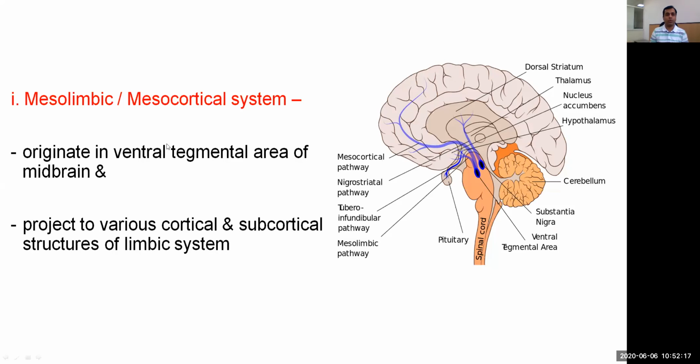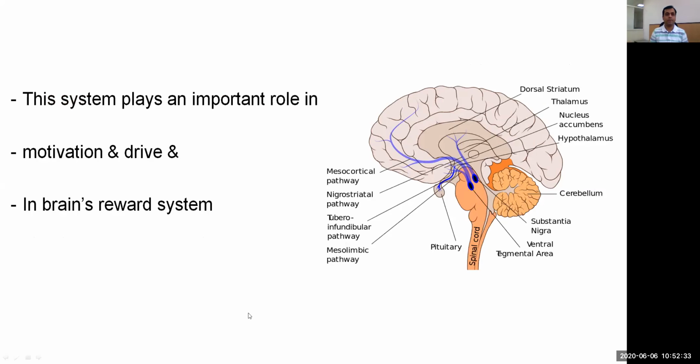The mesolimbic or mesocortical system originates in the ventral tegmental area of the midbrain, as we can see here. It projects upwards to various cortical and subcortical structures of the limbic system. The system plays an important role in motivation, drive, and the brain's reward system, or reward center.